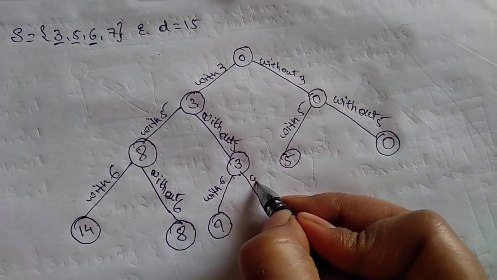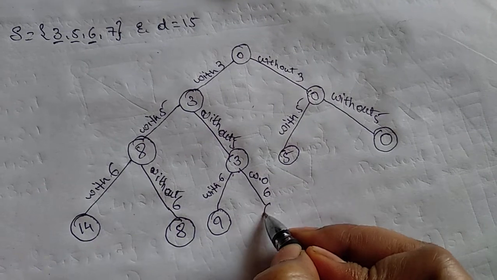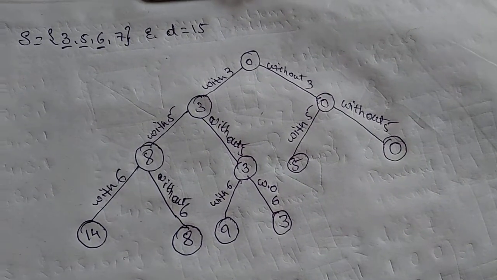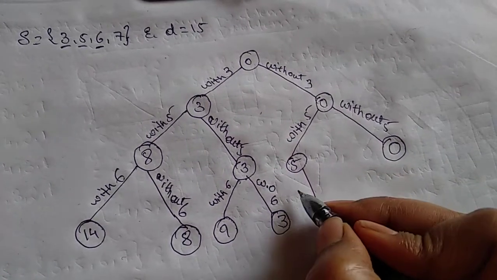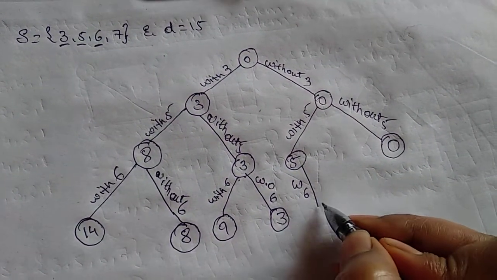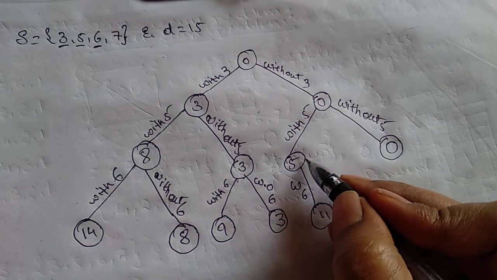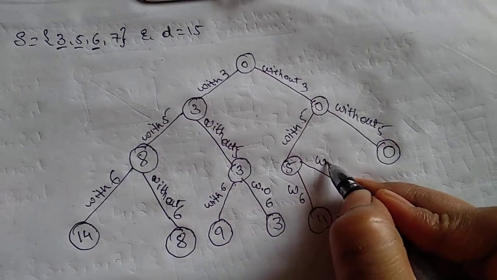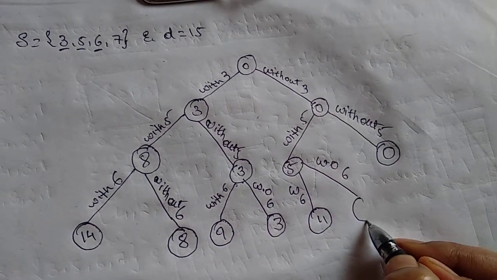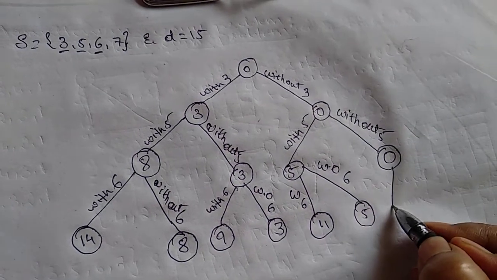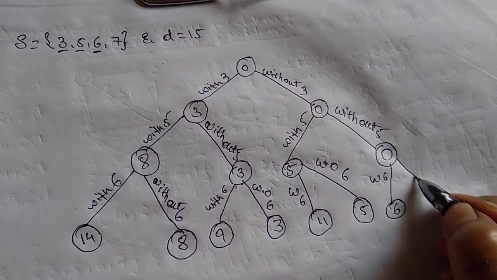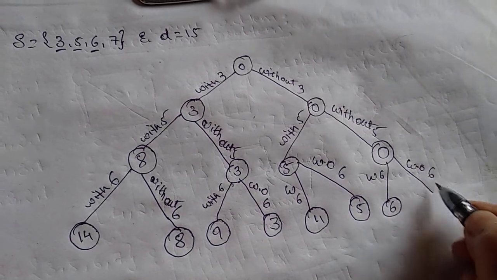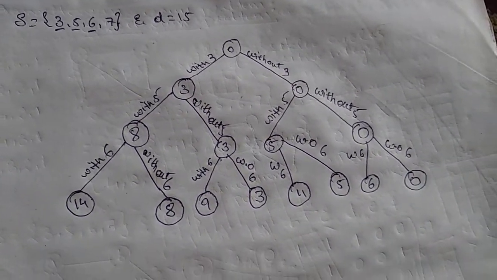Without 6 it will remain 3 itself. Is it not? Yes. And here I'll take with 6, 6 plus 5 is 11. Then without 6 it is 5 itself. Then here with 6, 0 plus 6 is 6. Without 6 it is 0 itself.